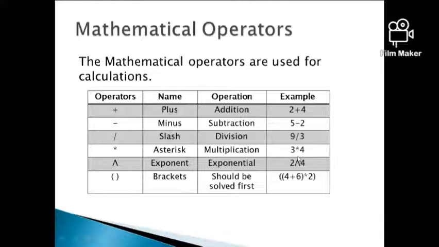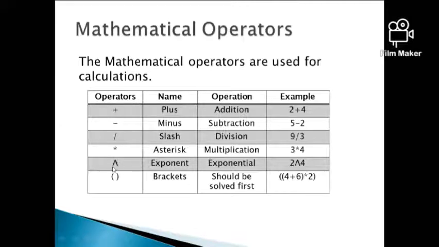Children, we use x as a multiplication sign. It is wrong. We use x as a multiplication sign because it looks like multiply, but in the computer, if you want to use the multiply sign, we have to use this sign. This sign is known as asterisk, and the operation of this sign is multiplication.